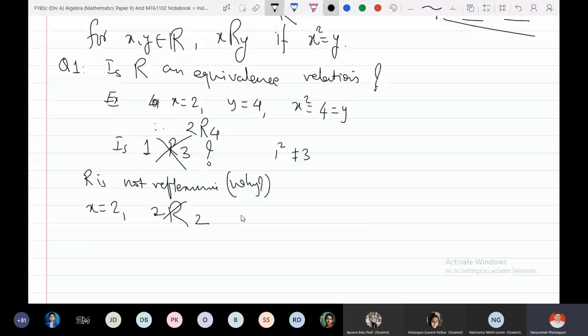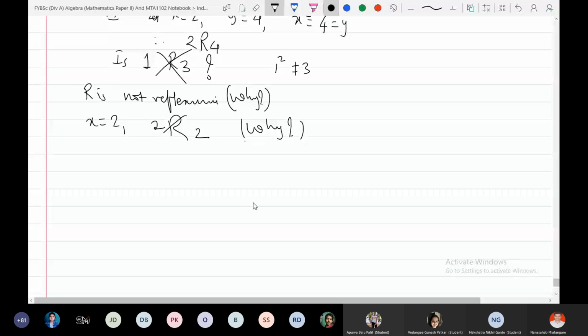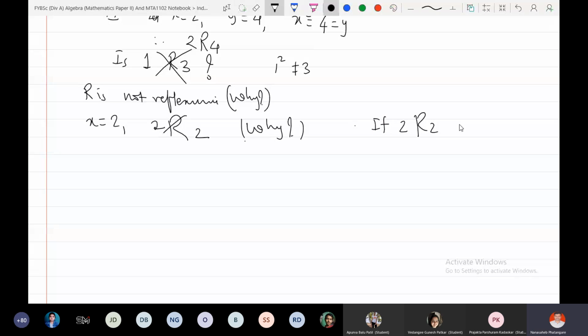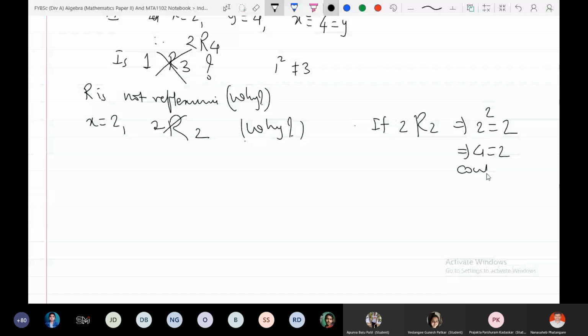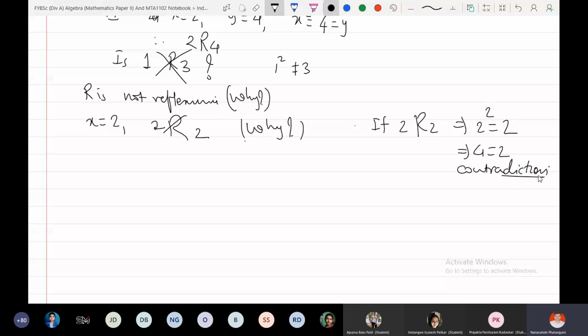Because if 2 is related to 2, then by definition 2 square must be equal to 2. That means 4 is equal to 2, which is not true. So this is a contradiction. Therefore, 2 is not related to 2.